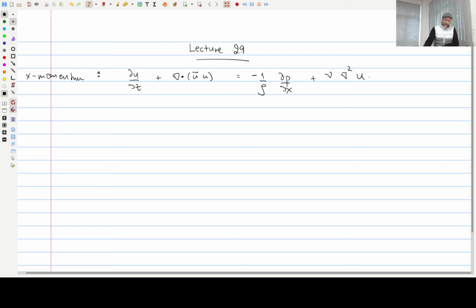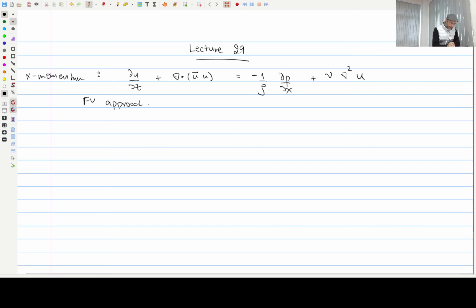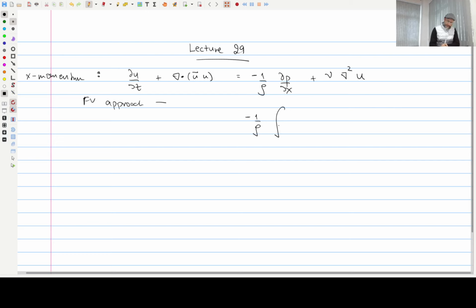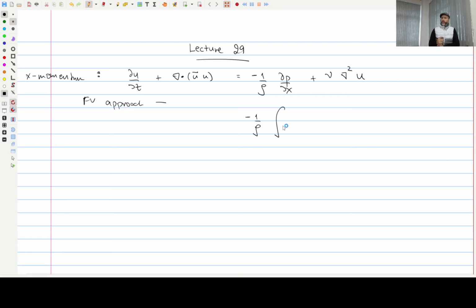Now when we use the finite volume method to solve it, especially in the pressure terms here, we get a surface integral, because you multiply it by the volume element and then you integrate over a control volume.